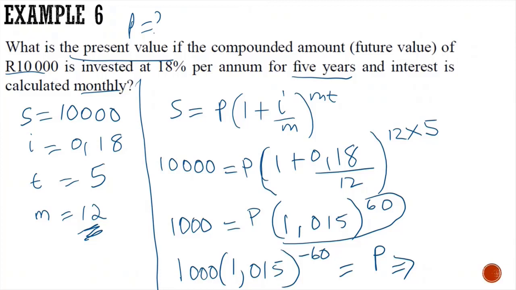It's not 1,000, it's 10,000. Thank you for that. You can just plug this into your calculator, and you find that your answer is 4,092,96.